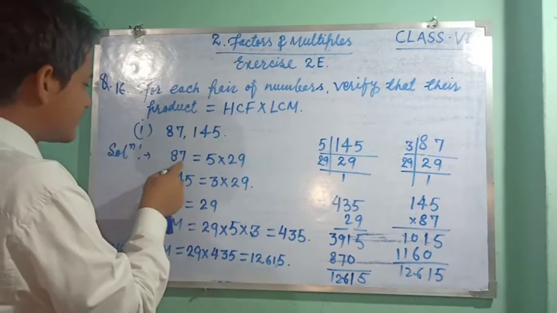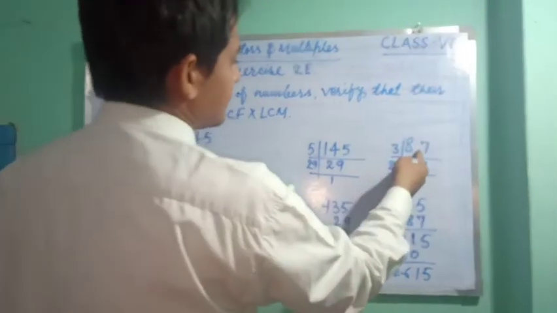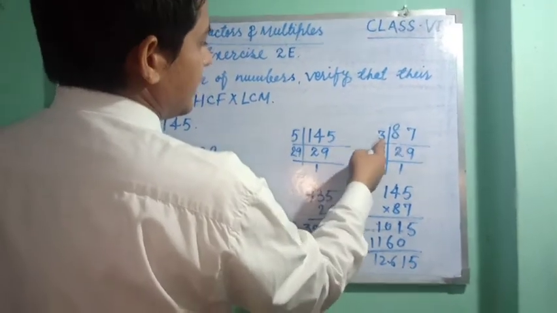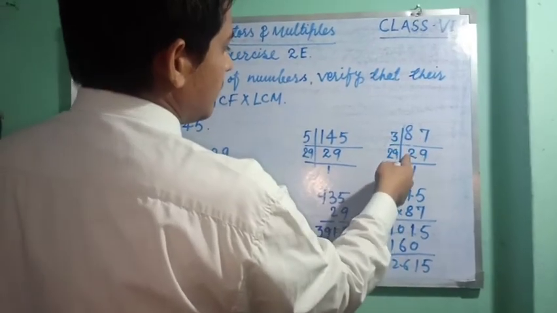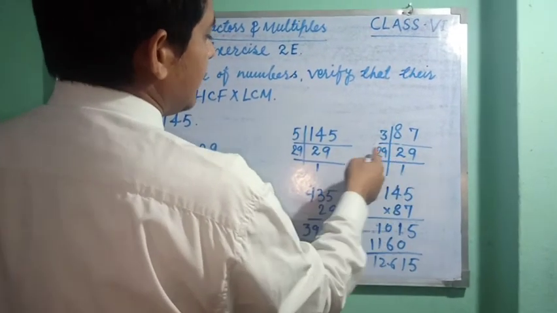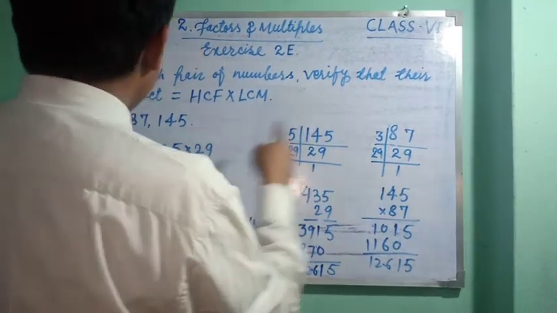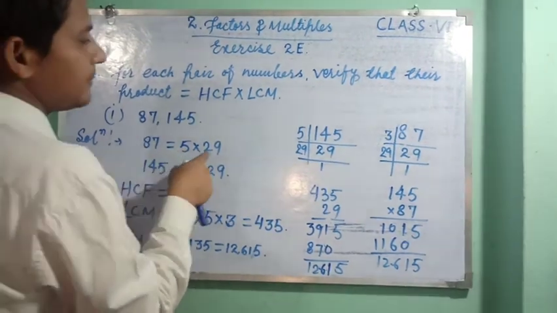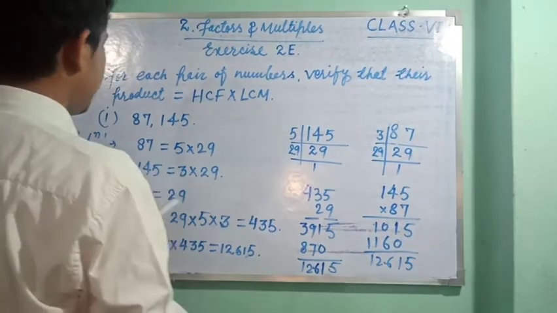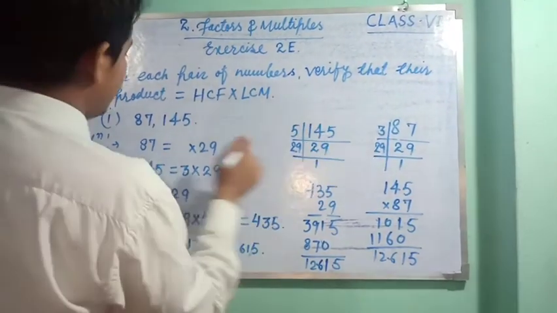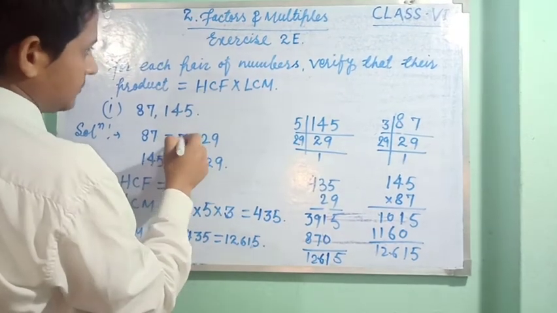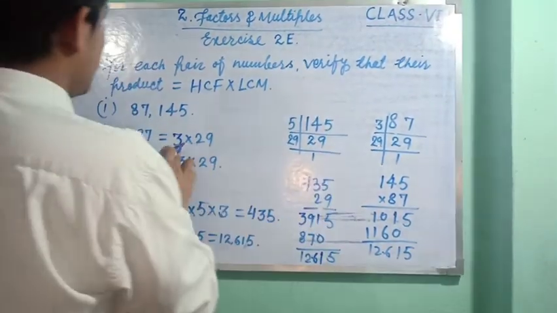First of all, write 87. We can apply the table of 3. 3 times 29 becomes 87, and 29 is 1 times 29. That means 87 can be written as 3 multiplied by 29.